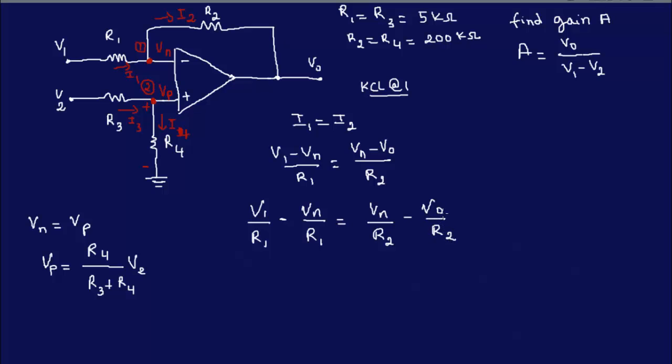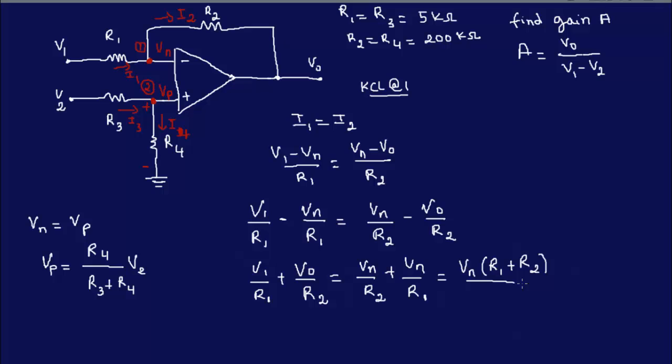Moving terms, V1 over R1 plus V0 over R2 is equal to VN over R2 plus VN over R1, which is also VN times R1 plus R2 over R1 times R2.